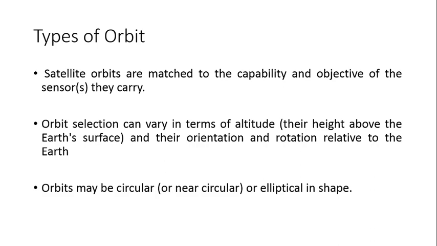Satellite orbits are matched to the capability and objective of the sensors they carry. Orbit selection can vary in terms of altitude, their heights, and their orientation and rotation relative to Earth. Here we are going to introduce some of the important terms related to satellite orbits and the details of different types of satellite orbits.